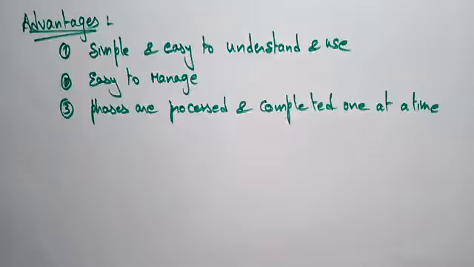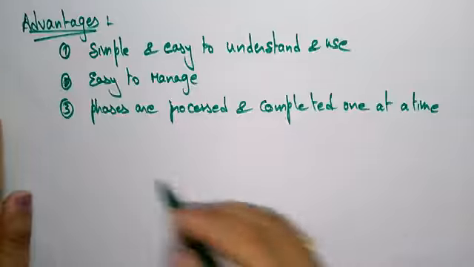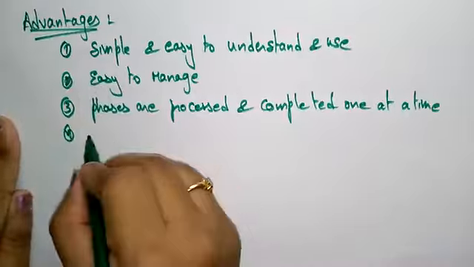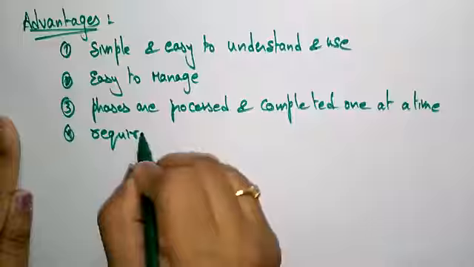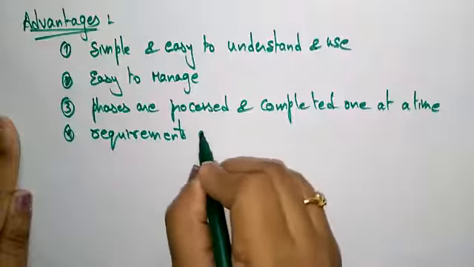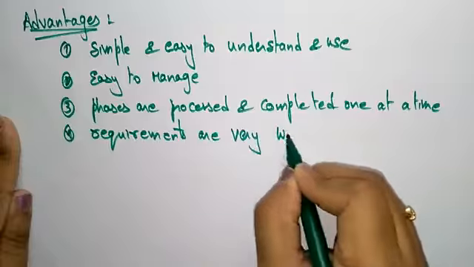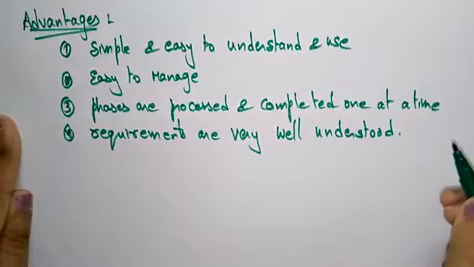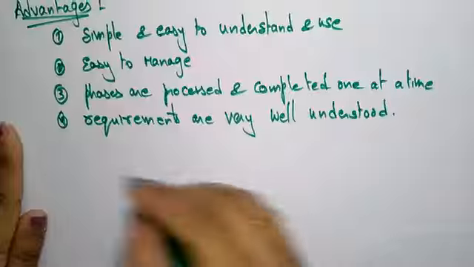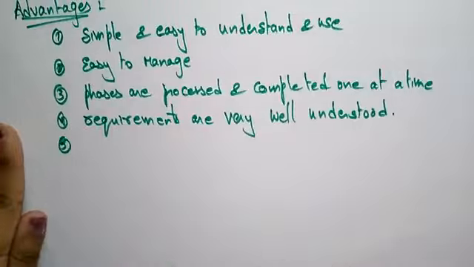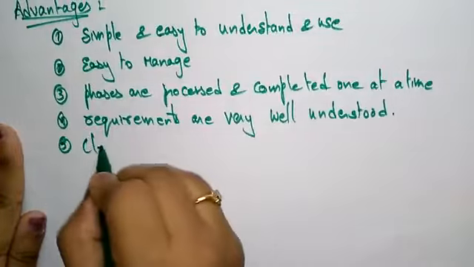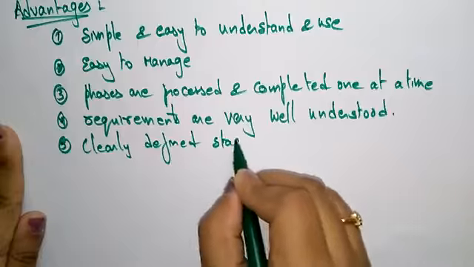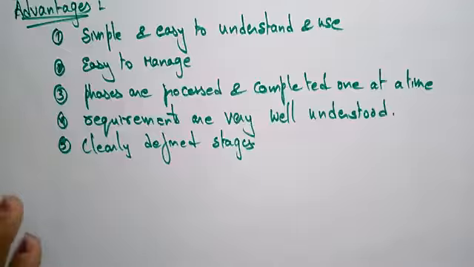Next, the requirements are very well understood in the waterfall model, it is easy to arrange tasks, and there are clearly defined stages. So these are all the advantages of using the waterfall model.